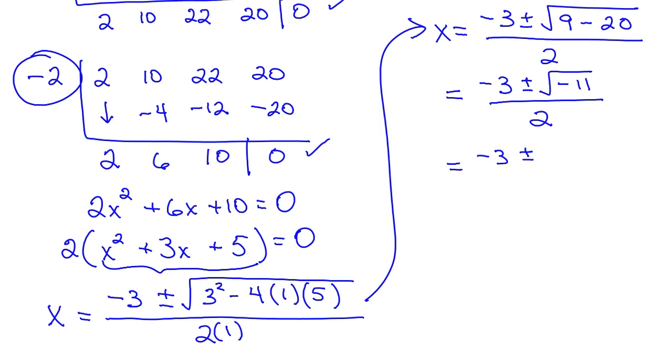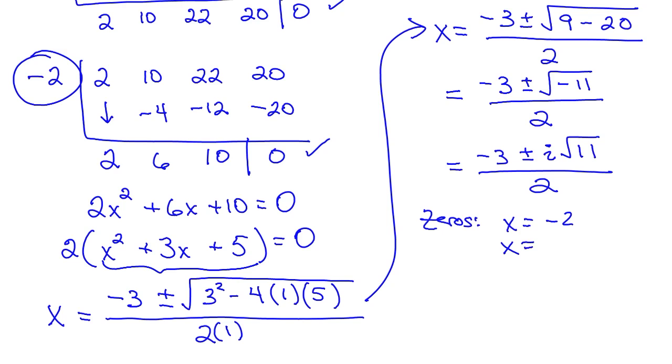So we get -3 plus or minus i times the square root of 11 over 2. That's as far as we can simplify that. So the zeros are x equals -2, x equals 5/2, x equals -3 plus i square root 11 over 2, and x equals -3 minus i square root 11 over 2.